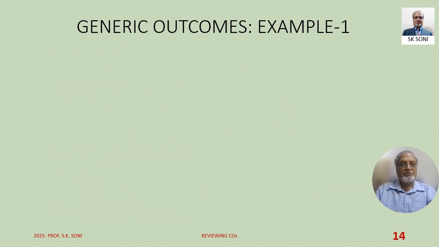As I have mentioned, UGC published a book on curriculum and credit framework for undergraduate programs. It has also given elaborate expressions and list of the generic outcomes. I will read a few sample generic outcomes for your reference, and you can refer to this book for details of these generic skills.